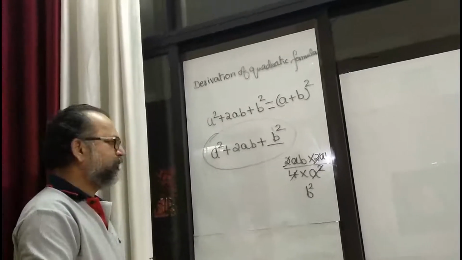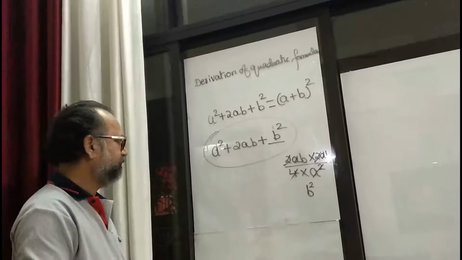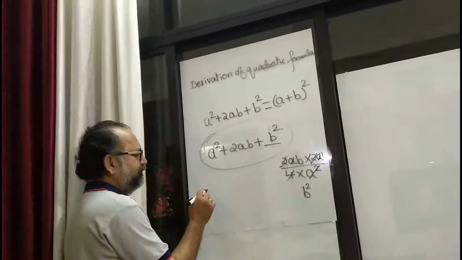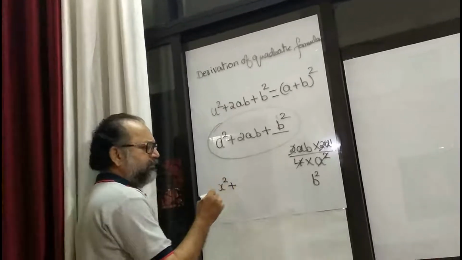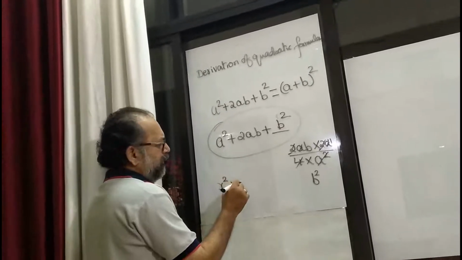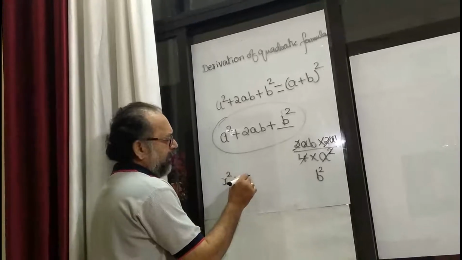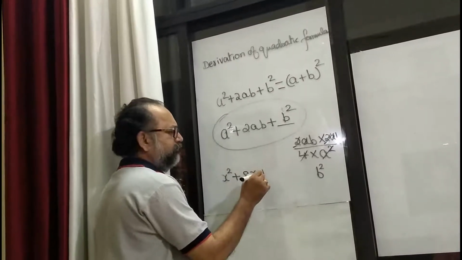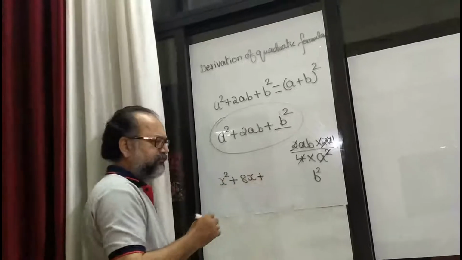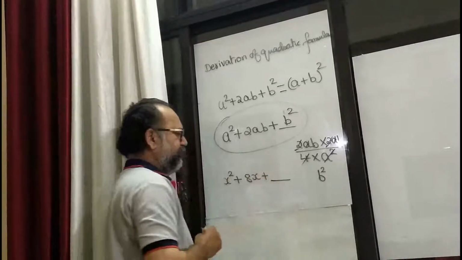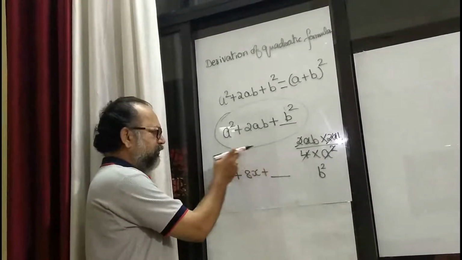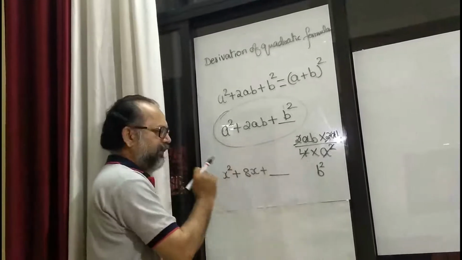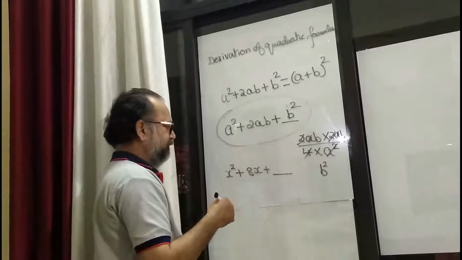Same method we use for any other trinomial. Suppose we have, say, x square plus 8x plus dash, and we want to add here a term so that this becomes a perfect square. What should it be?